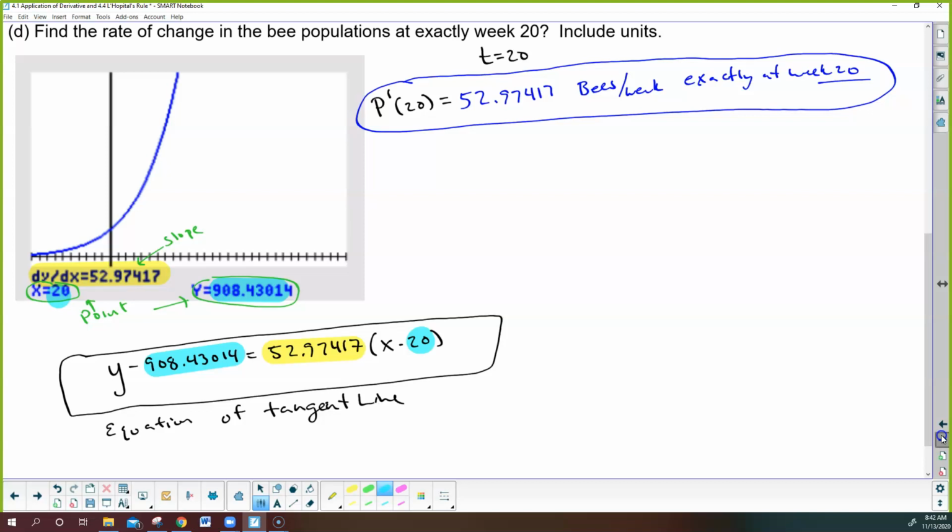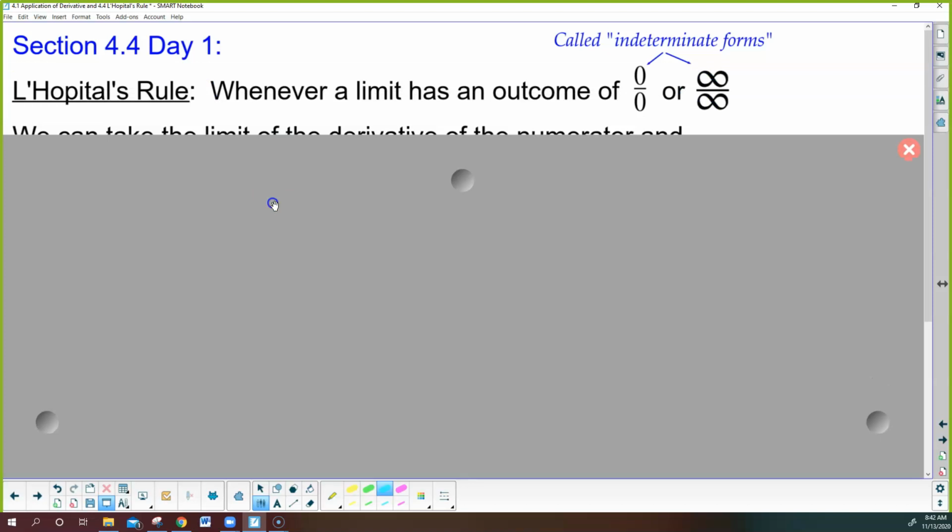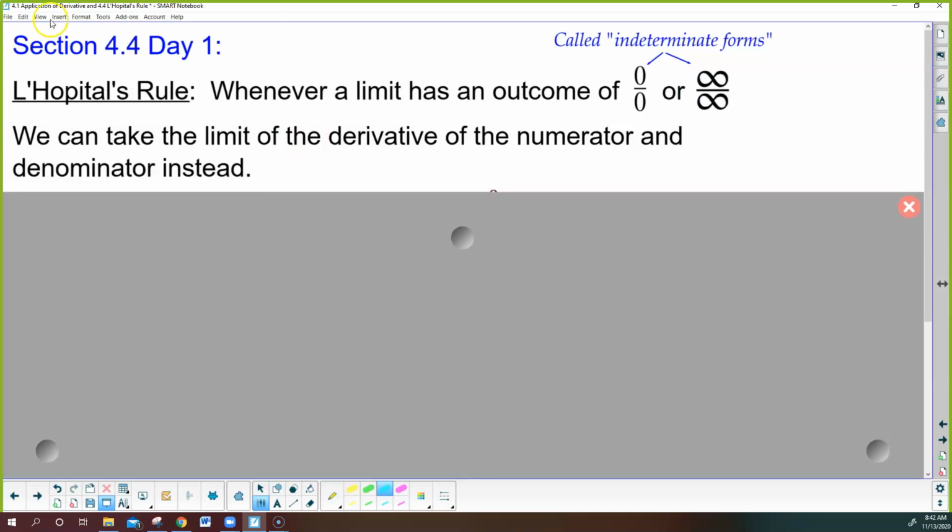We're going to venture into another avenue here that is dealing with limits, and it has something called L'Hopital's Rule. So I will give you a second to write this down. Okay, so let's talk about L'Hopital's Rule here quick.